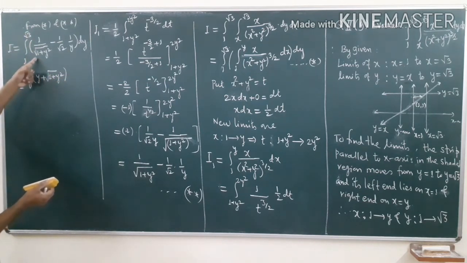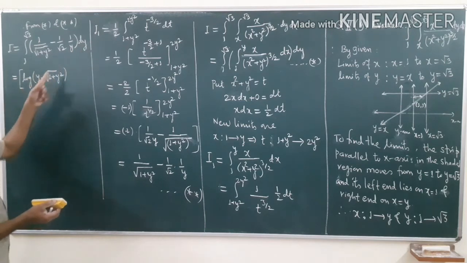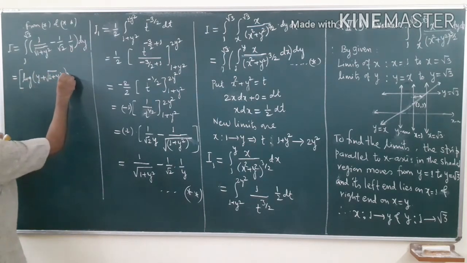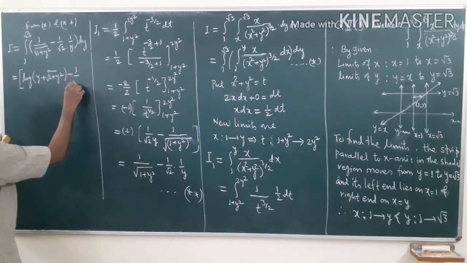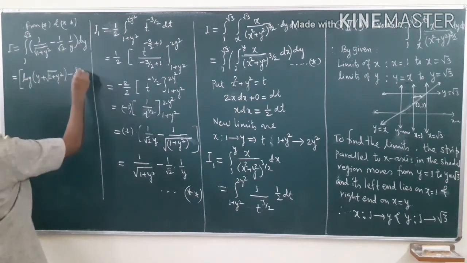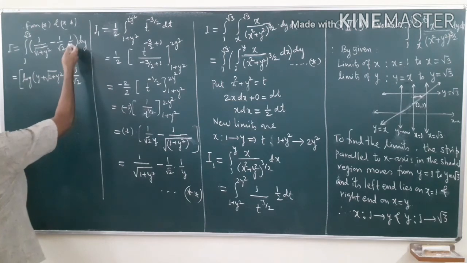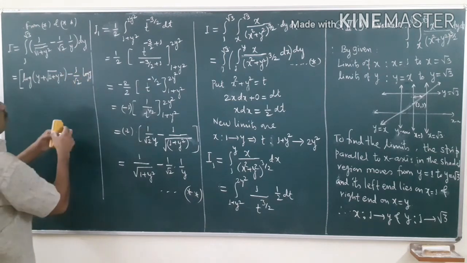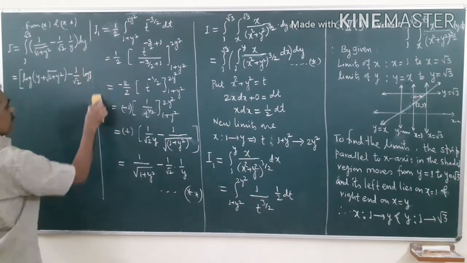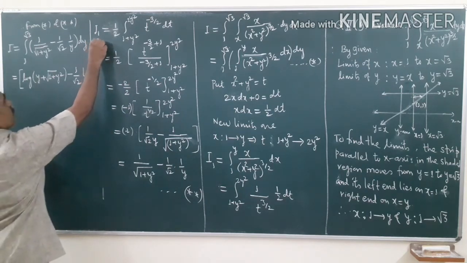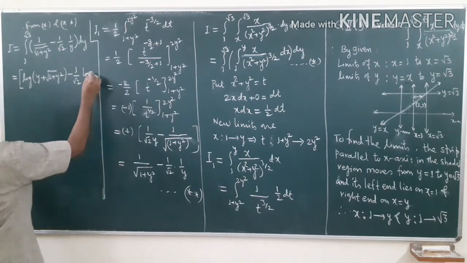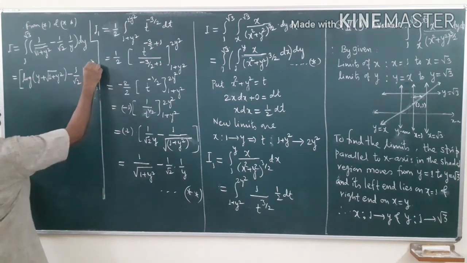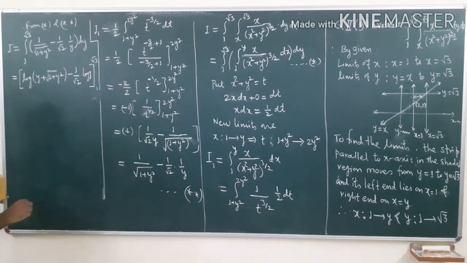The integral of 1 upon under root 1 plus y square with respect to y is nothing but log of y plus under root 1 plus y square, minus 1 upon root 2 into the integral of 1 upon y, which is log of y, over the limits 1 to root 3.